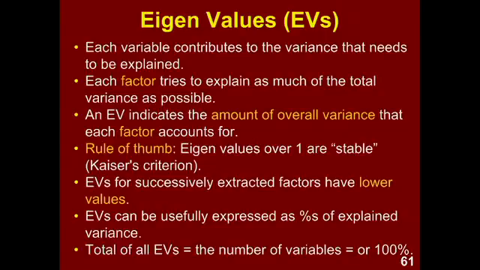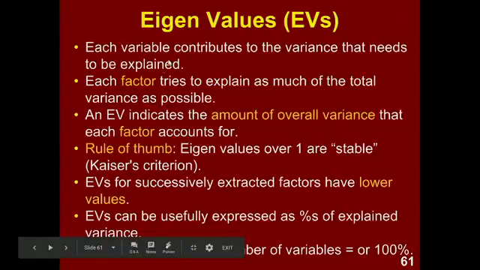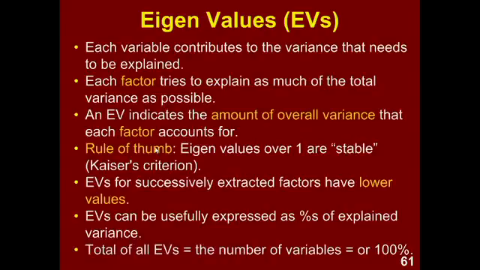And what we're then interested in are the big fat factors, the ones that are the richest, that explain the most variance. And we're not that interested in the ones that just explain a few cents. Okay, so my explanation there is just a slightly less technical version of what is written here.